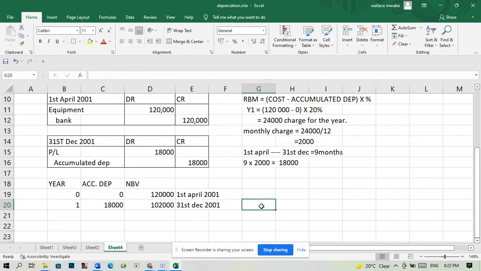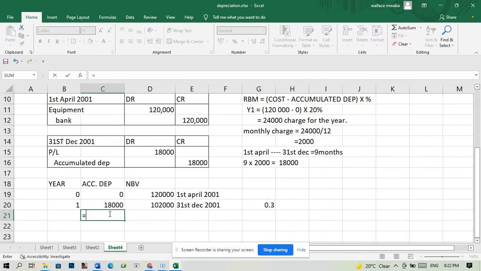So now we're going to get 30% of 102,000. 30%, which is 0.3, times 102,000. We're going to get 30,600.